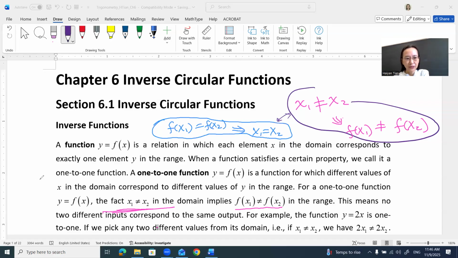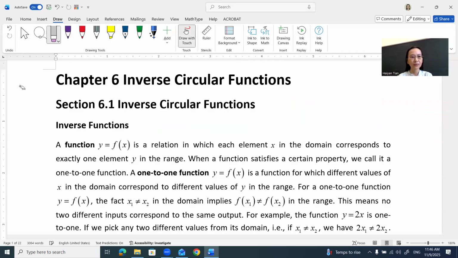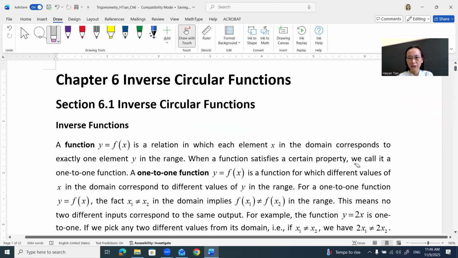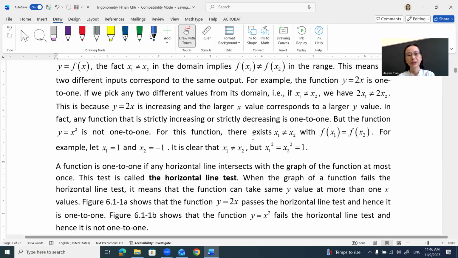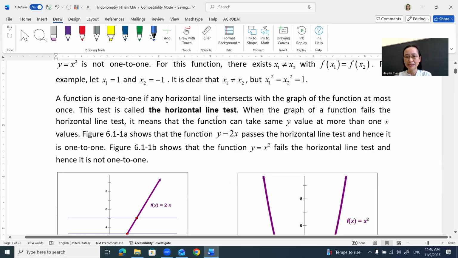Now, with that definition, we are going to look at a number of functions and see which one is one-to-one through some examples. Based on the definition, we have the horizontal line test.